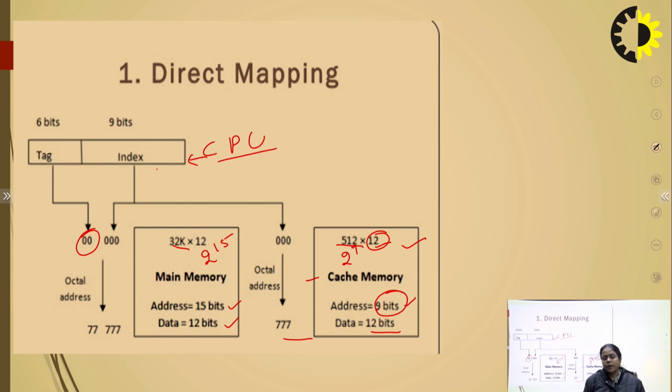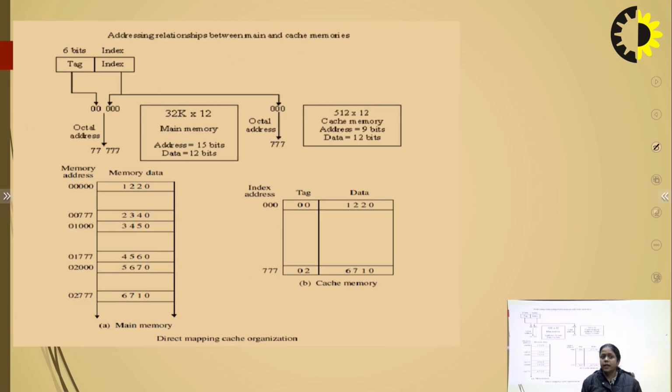So firstly we will find the index value in the address of the cache memory, then we will match the tag bits. You can see in this example, this is the same diagram with tag and index bits, and in the main memory all the data are stored at different addresses.